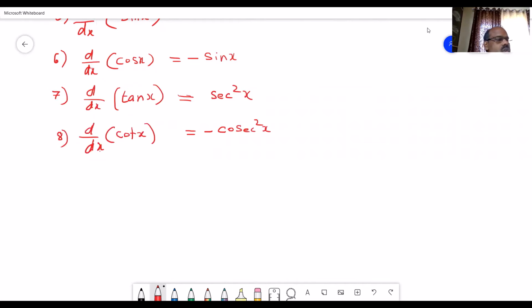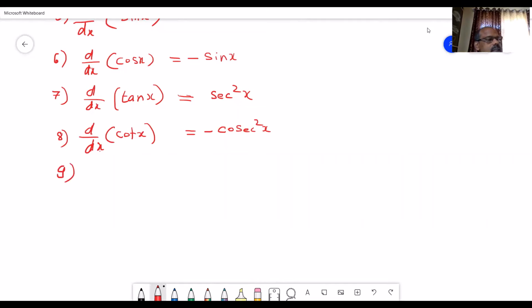So differentiation of sin x is equal to cos x, differentiation of cos x is equal to minus sin x, differentiation of tan x is equal to sec square x, and differentiation of cot x is equal to minus cosecant square x.